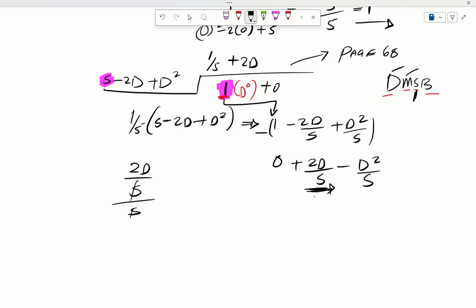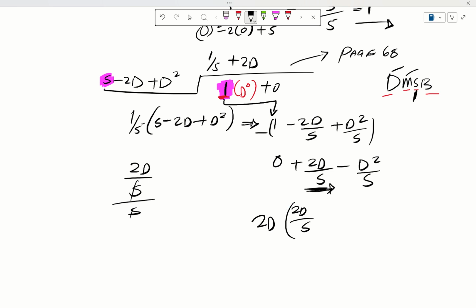When you multiply, you're gonna say 2d over 5. You multiply by everything that is there. It must take you back to the original.